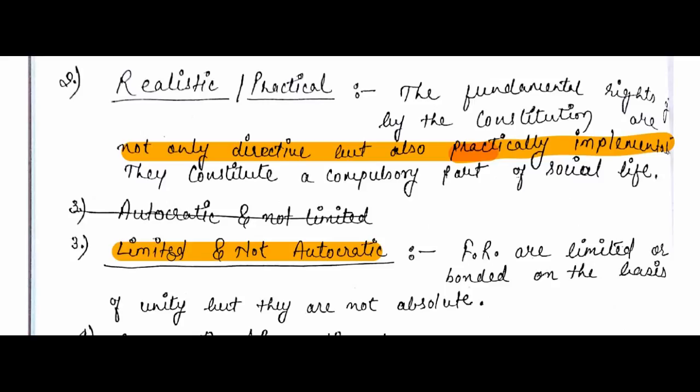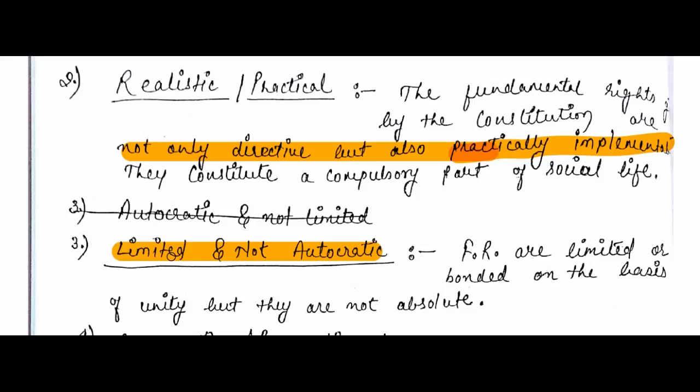Obviously, they cannot be unlimited, because that could give rise to the misuse of these rights, and it would be impossible for a country with a huge population to implement so many rights at a single time. So fundamental rights are limited and they are bounded as well, legally bounded. No one can violate them, as we have earlier discussed in the answer. So they are limited or bounded on the basis of unity, but they are not absolute.